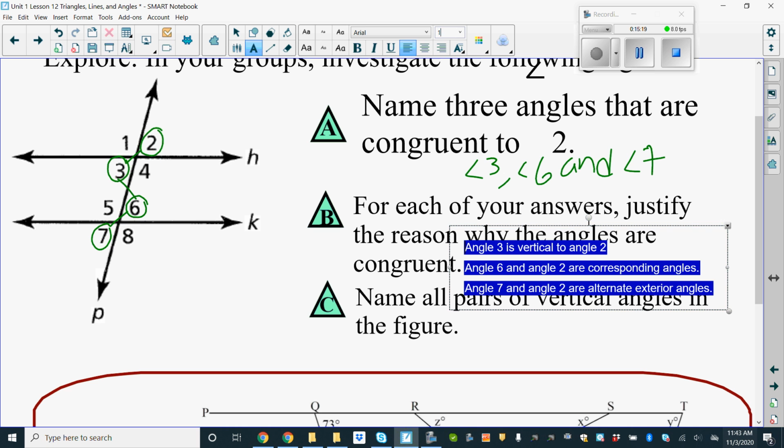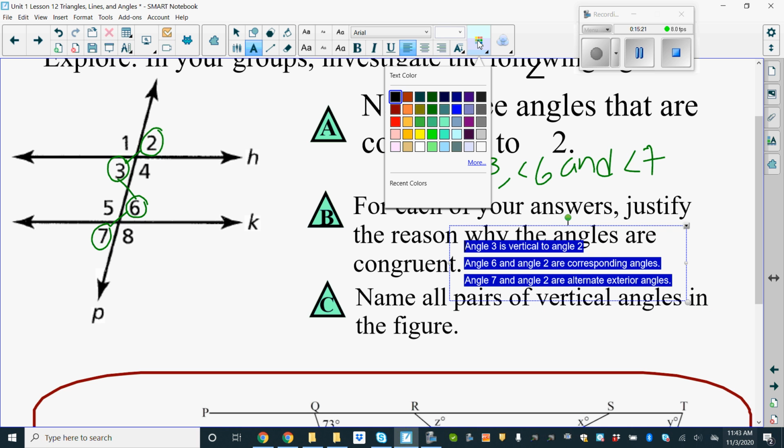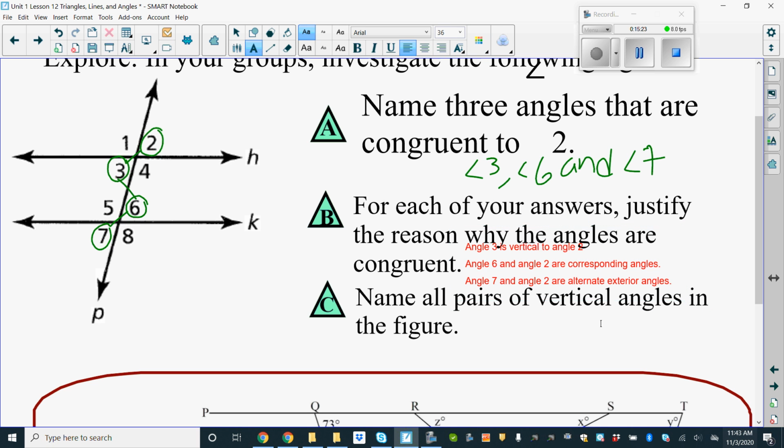for that answer. And lastly, part C, we have to name all pairs of vertical angles. So let's name them. We already know they have to be across from each other and meet at the vertex. So angle 2 and angle 3. Then we have 1 and 4 across from each other and meet at a vertex.